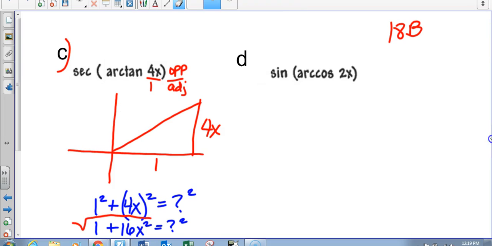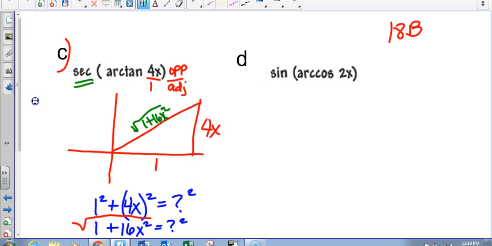1 squared is 1, 4x, quantity squared is not 4x squared, it's 16x squared. Everybody all right with that? 4x times 4x? And then we need to do what? Square root, and is it going to simplify? No. That one you could write 16x squared plus 1 or 1 plus 16x squared. Yeah. Okay, you could write it either way. Now, what's the secant going to be?